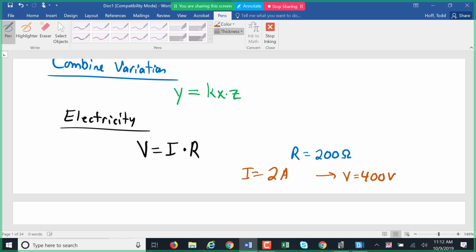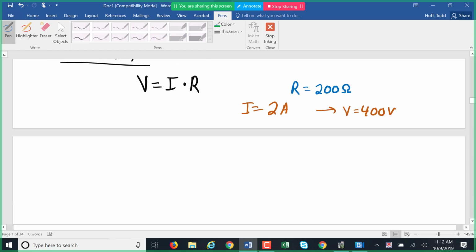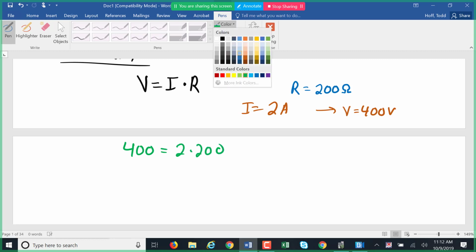We can test out our equation by plugging those in: 400 equals 2 times 200. You can see that equals out.